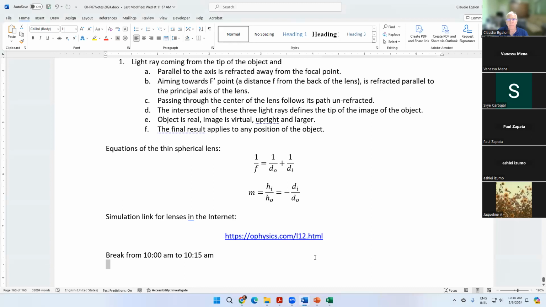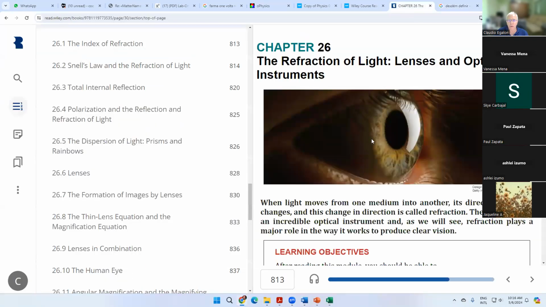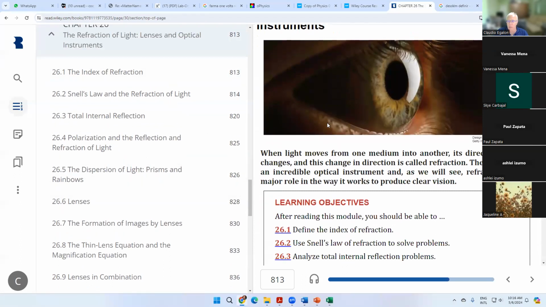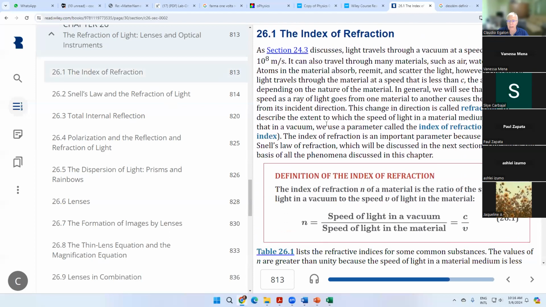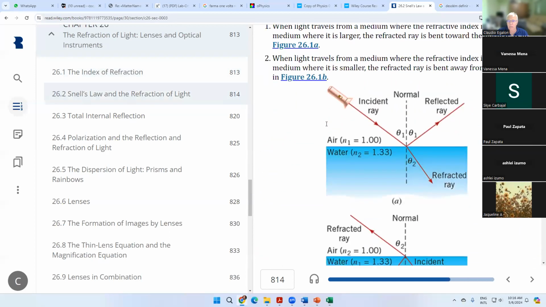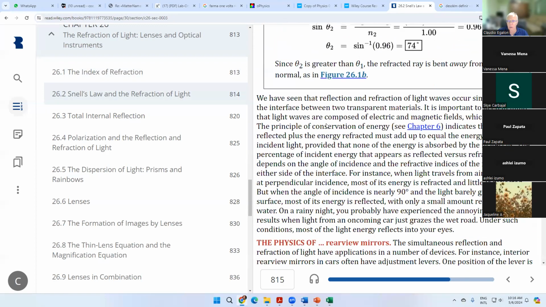I'm back here. And what I want to show you is this chapter, so you can be located. Index of refraction we covered in the lecture. Snell's law we covered in the lecture.